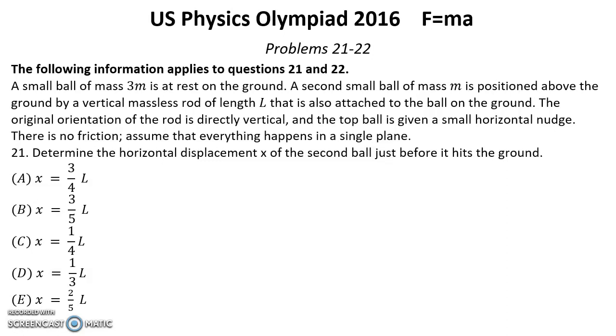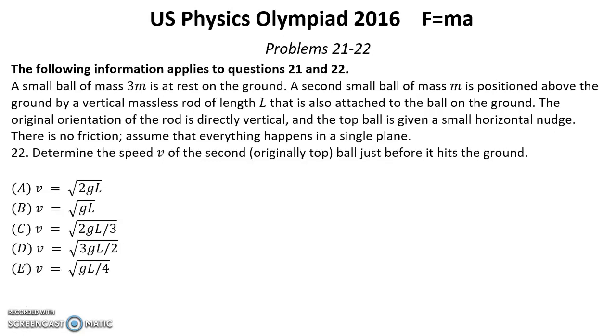It means that the center of mass is not moving horizontally, and it means that the distance of the heavy ball is 3 times less than the distance of the small ball, and the total distance between these balls is L. So it means that the distance of the big ball from the initial position of this rod is 1/4 of L, and the distance of the small ball is 3/4 of L. And this is the answer A. That's the solution for problem number 21.